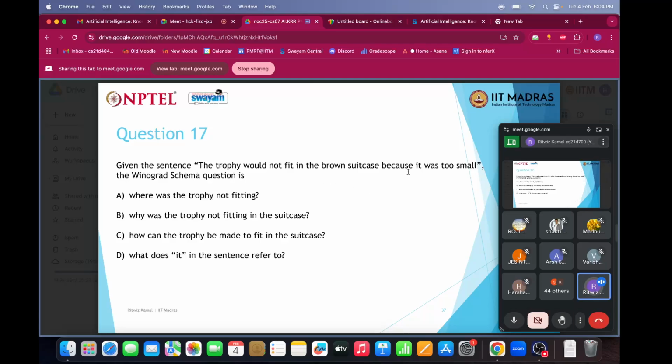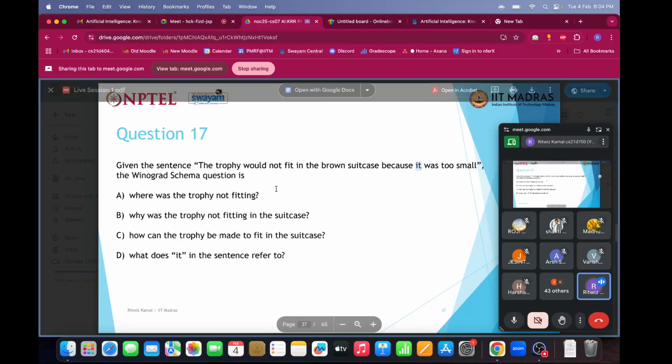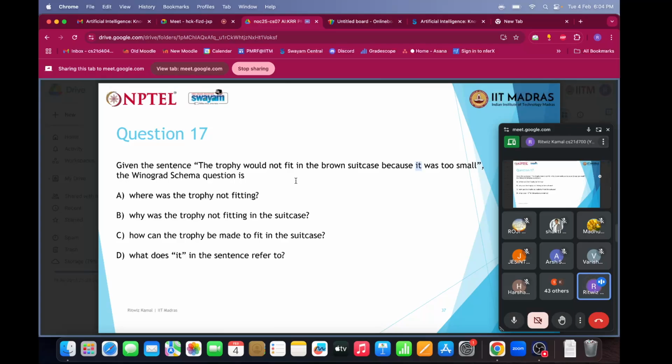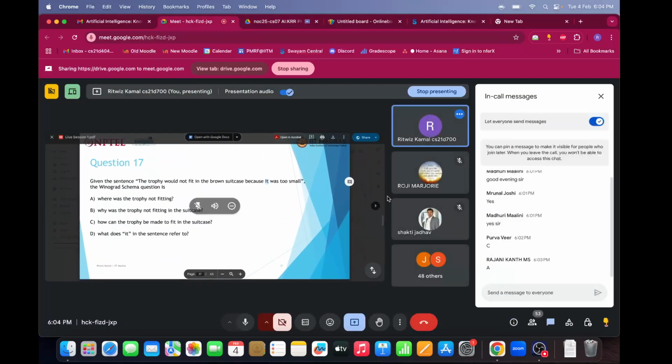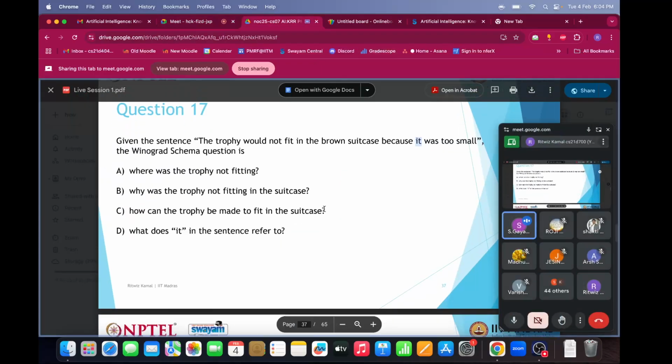Remember, I emphasized this word "it" when I was reading the sentence: the trophy would not fit in the brown suitcase because it was too small. Some of you say that option D is correct in the chat box.